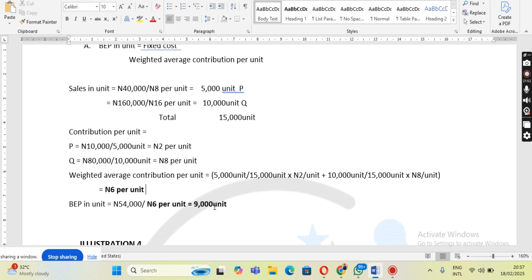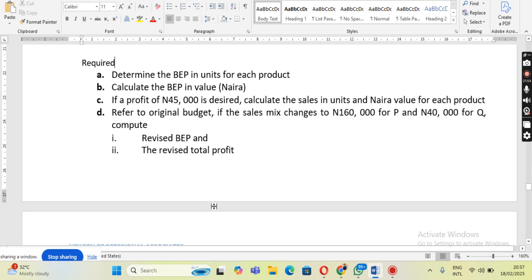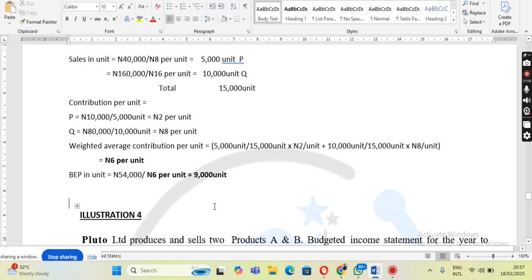But the question says that you need to get it for each of the products. What will you use? The sales in units mix. You need to separate the percentage of P from this 9,000 units, and the percentage of Q in these 9,000 units.